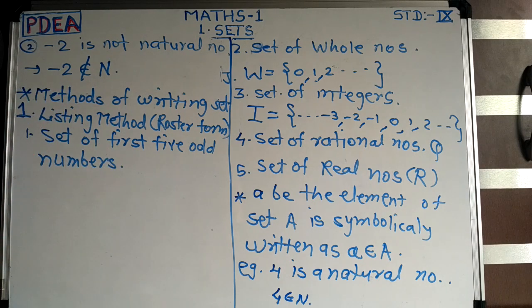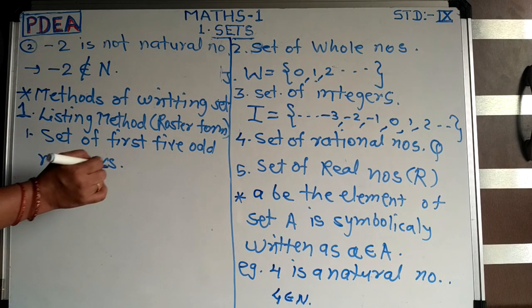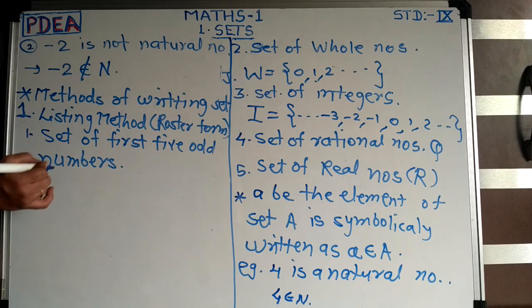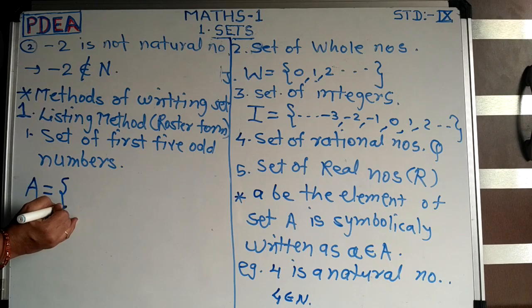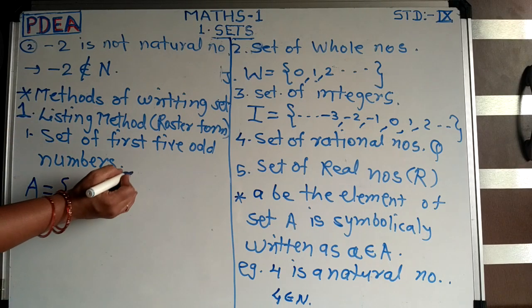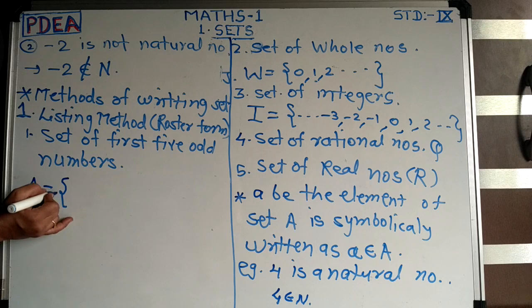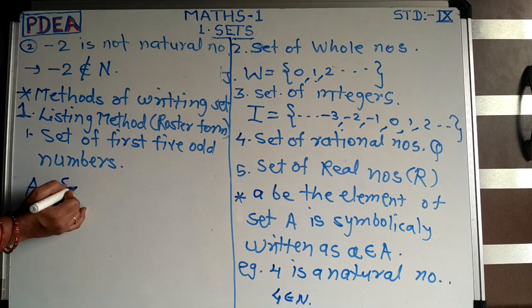How to write? See, suppose the set of first 5 odd numbers be A. The elements of set A are enclosed in curly brackets.